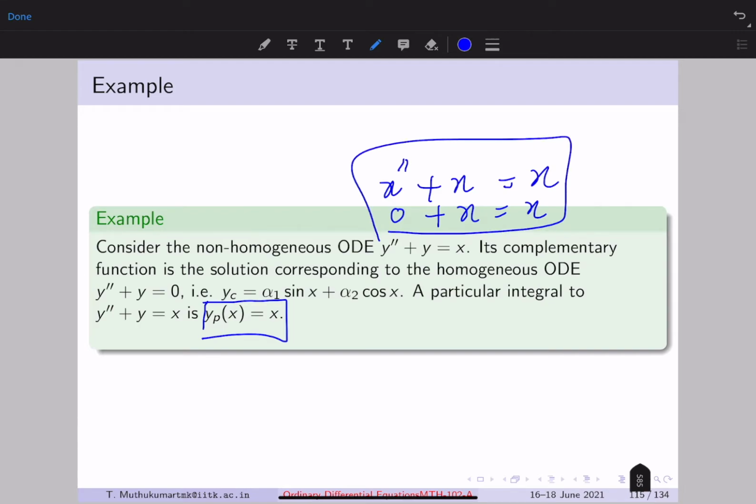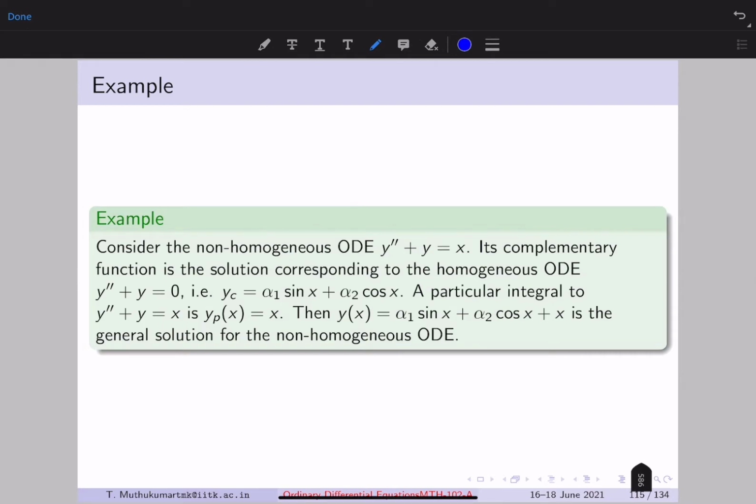Okay. So x is one particular solution of this. You add that to the complementary function, that is the general solution of the homogeneous equation, and then you get your general solution for the non-homogeneous ODE. So it is just the sum of yc and yp. Okay, that's the idea.